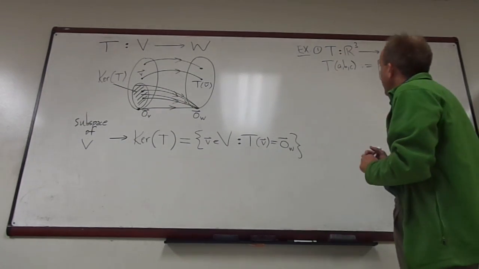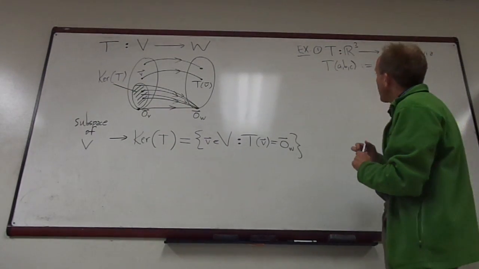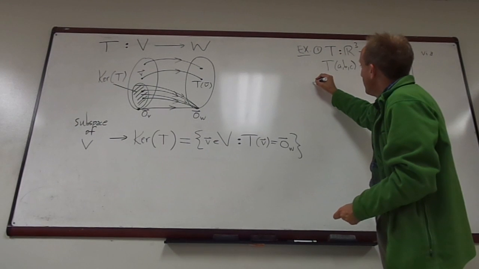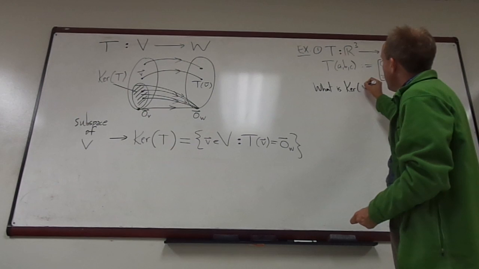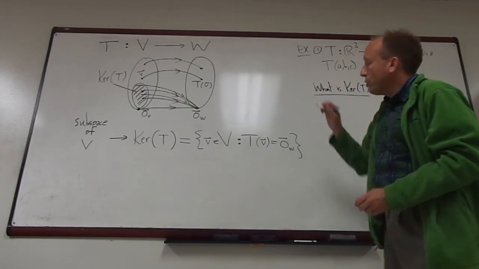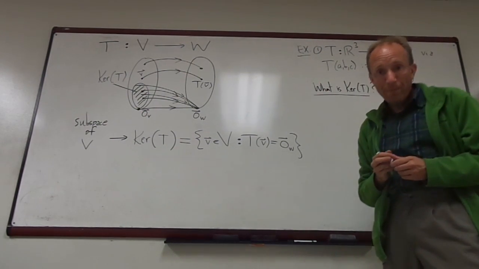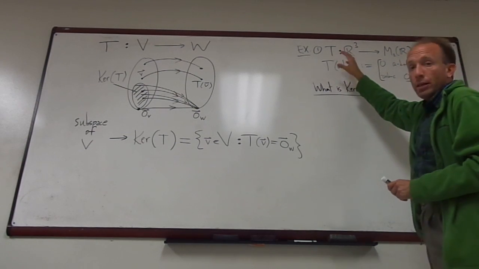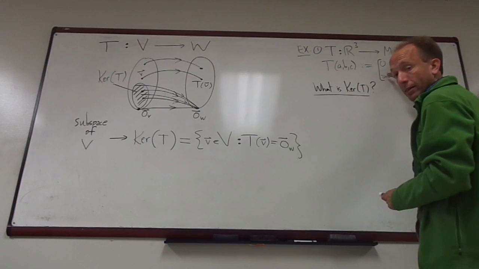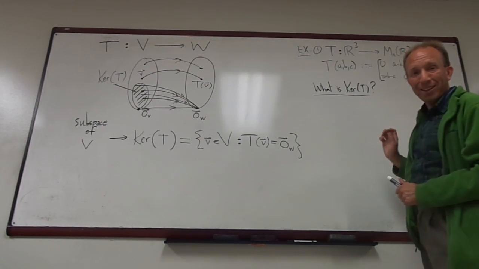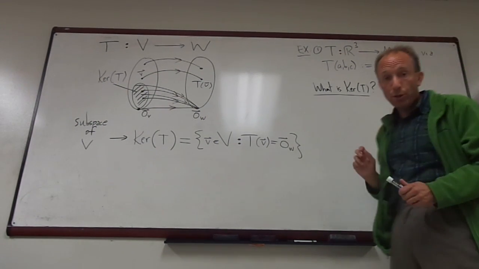So let's ask the question, what is the kernel of T? The way that you go about addressing that question is you imagine that you've transformed some vector (a, b, c) into this and that it has become the 0 vector, in this case the 2 by 2 zero matrix.